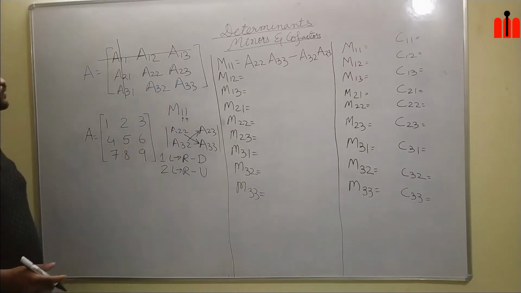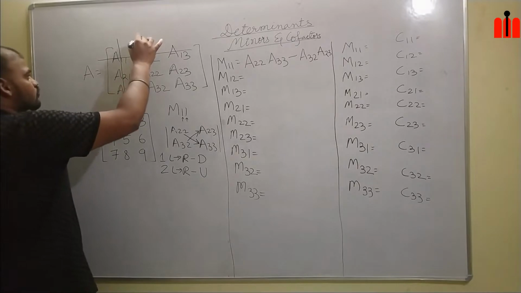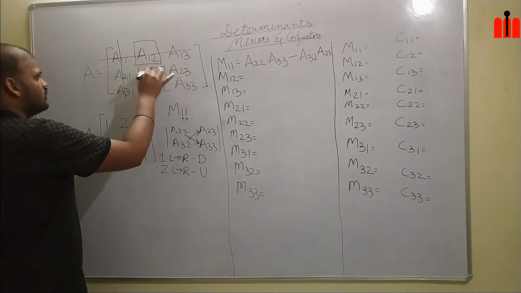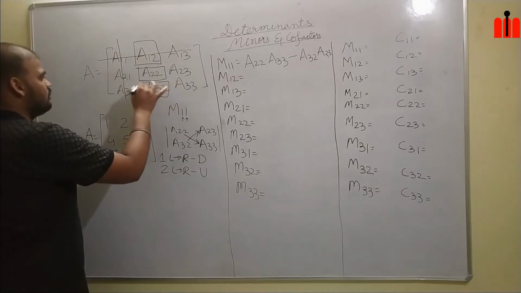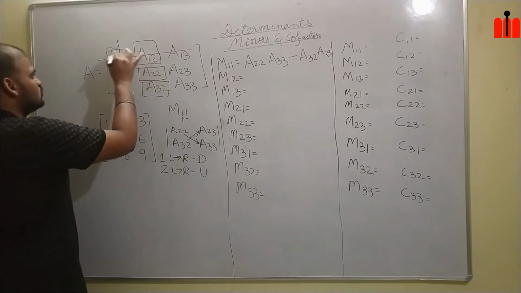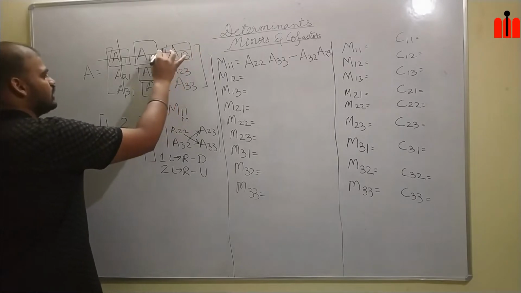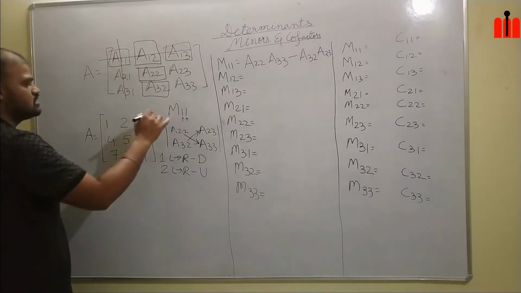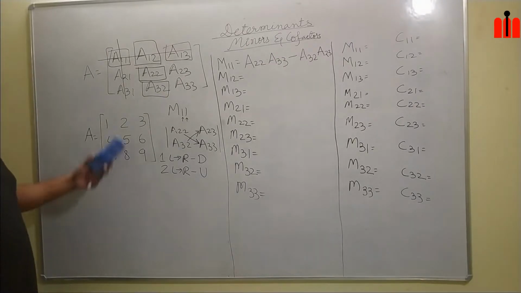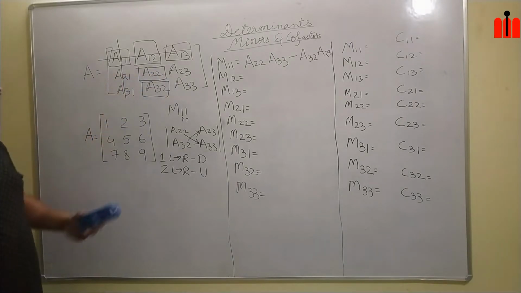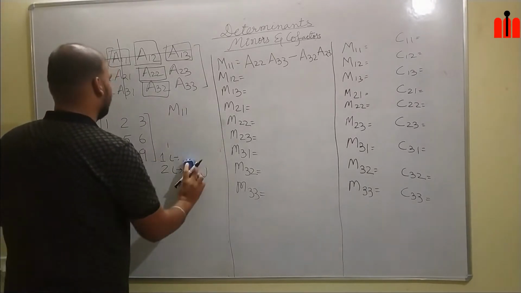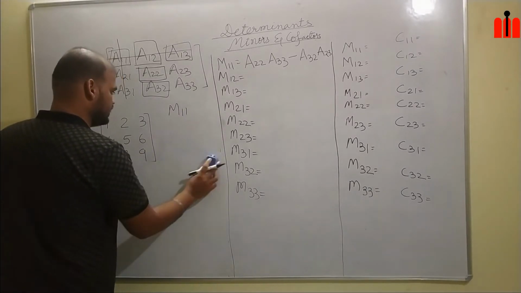For M12, what we will do? We will take the first row and second column out. M12 means first row and second column. So first row is out, second column is out. What are we left with? We are left with A21, A23, A31 and A33.